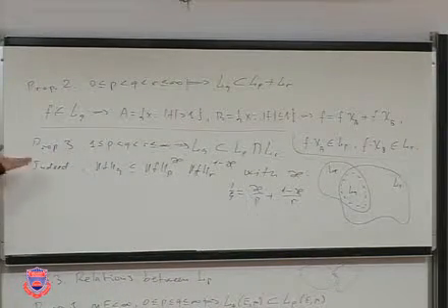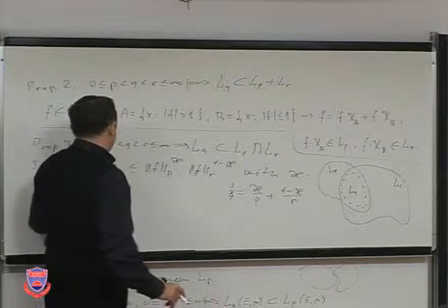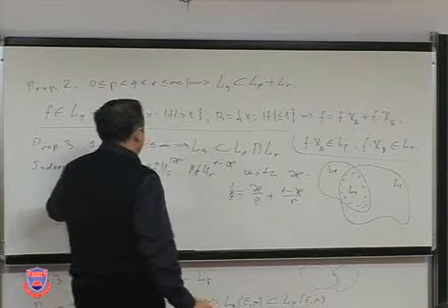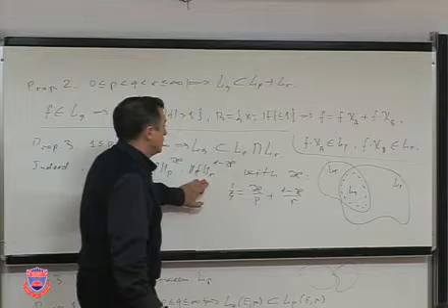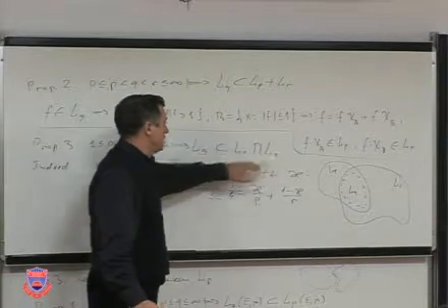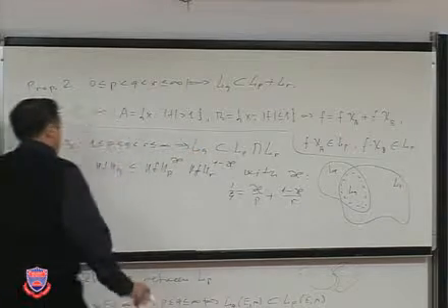So this is the proof. If this is finite and this is finite, that is, the function belongs to the intersection, then this is finite, that is, the function belongs to the class LQ.